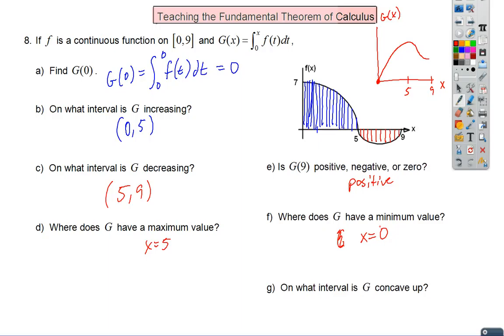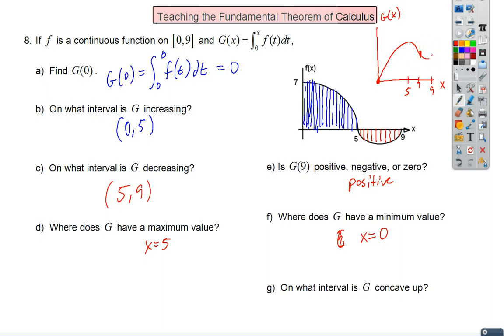Now part G, that's an interesting problem. On which interval is g concave up? I'm going to do this two ways. I can take a look at the g graph that I sketched myself, and I can say that someplace between 5 and 9, say halfway at 7, it starts being concave up.